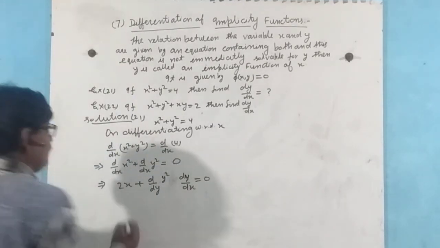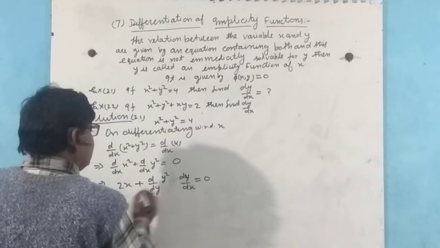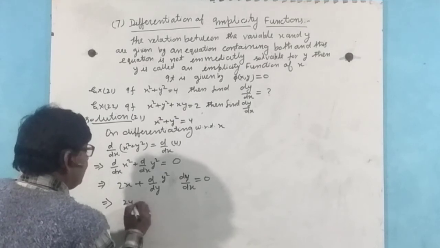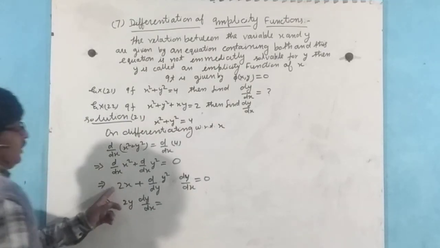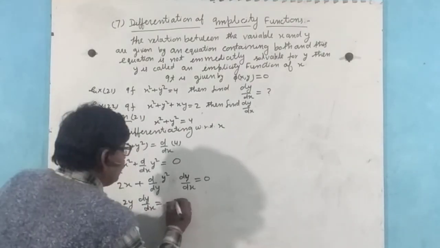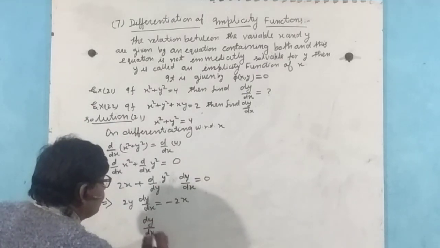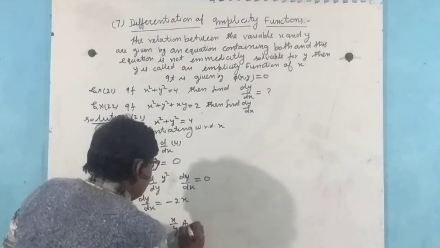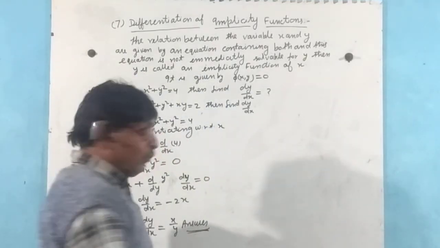Now the differentiation of this is 2y, and dy by dx equal to, this is plus 2x, here minus 2x, so that dy by dx equal to, 2 cancels, that is equal to minus x by y. This is our answer.